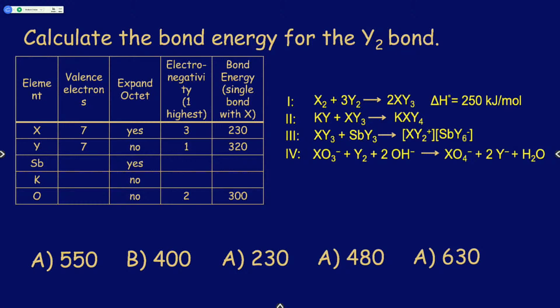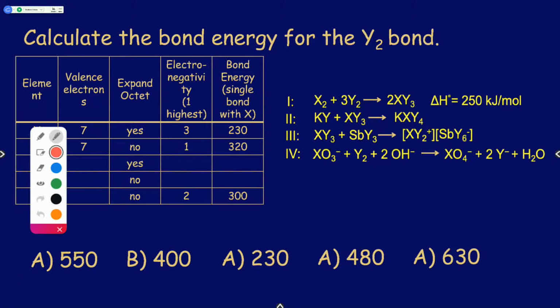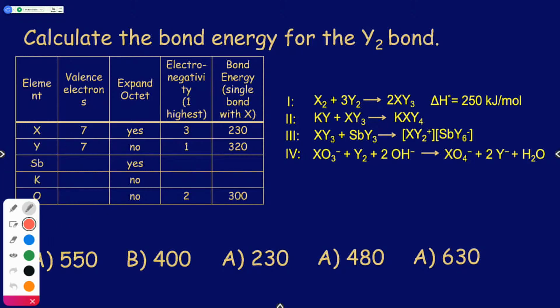So the idea here was you were given some values of bond energies on the table. So you were given bonds with X. An XX bond, X with X, has a value of 230 kilojoules per mole from the table.